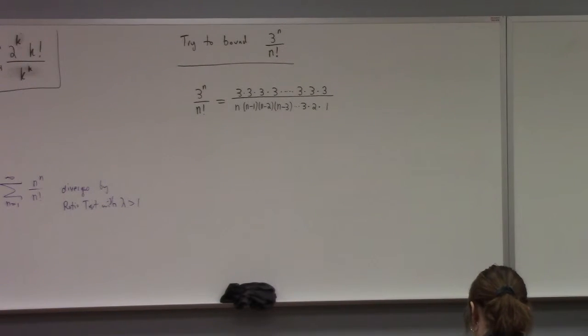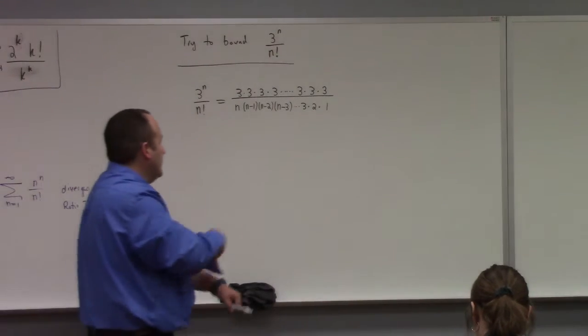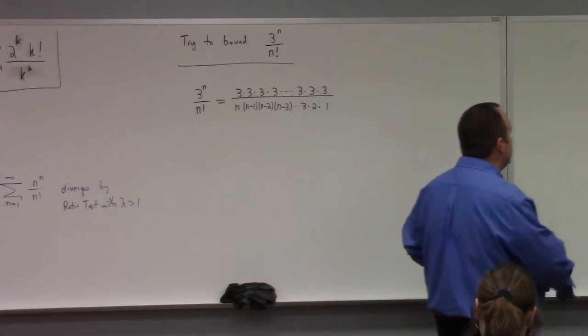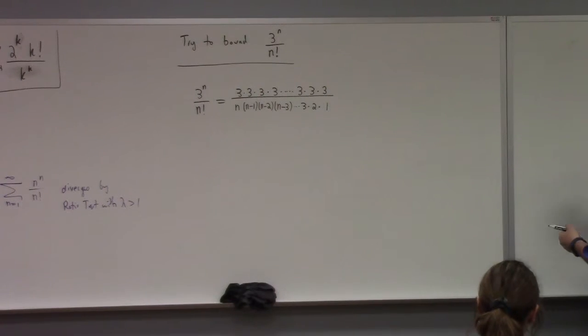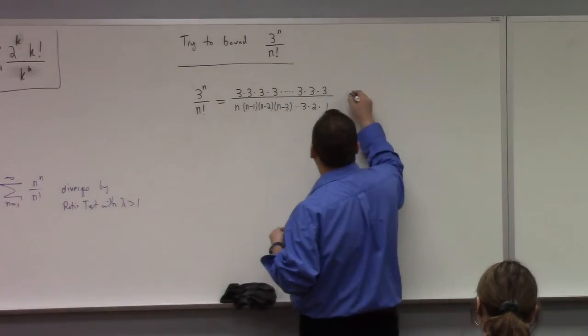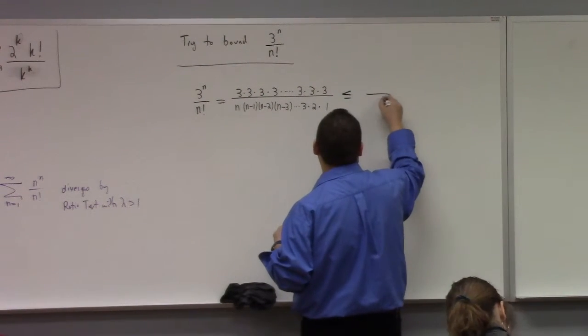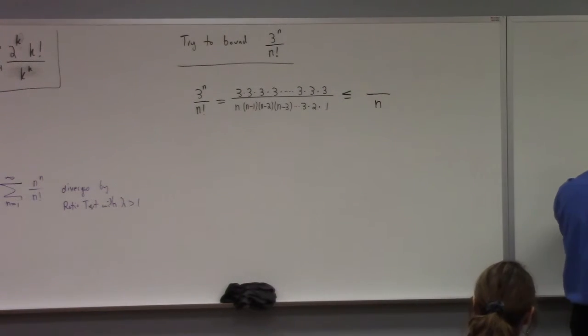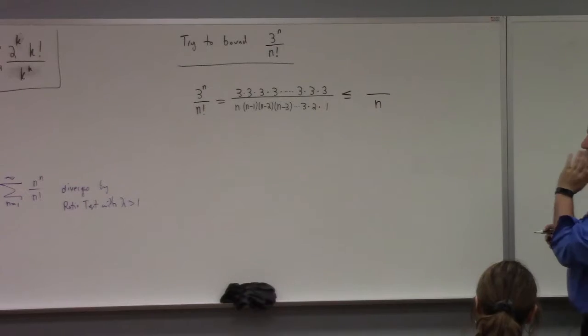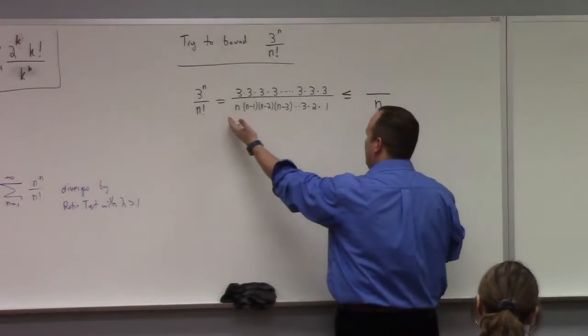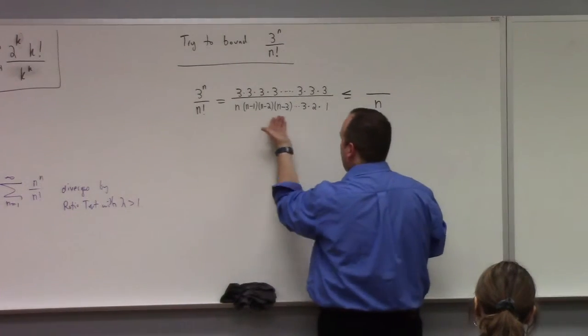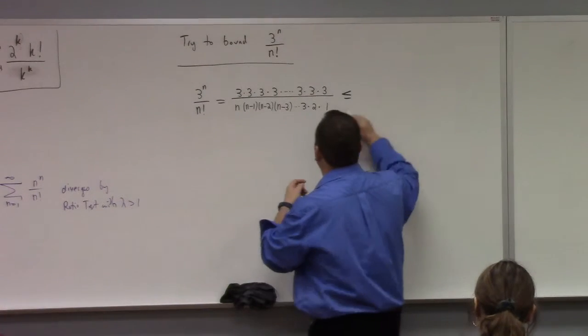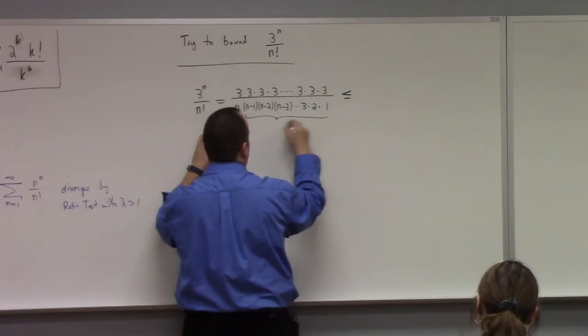So the question is, we want to get rid of the factorial, right? I want to put this as less than or equal to something over n maybe. That would be cool if I could do that. How do I get rid of this mess down here, how to remove these?